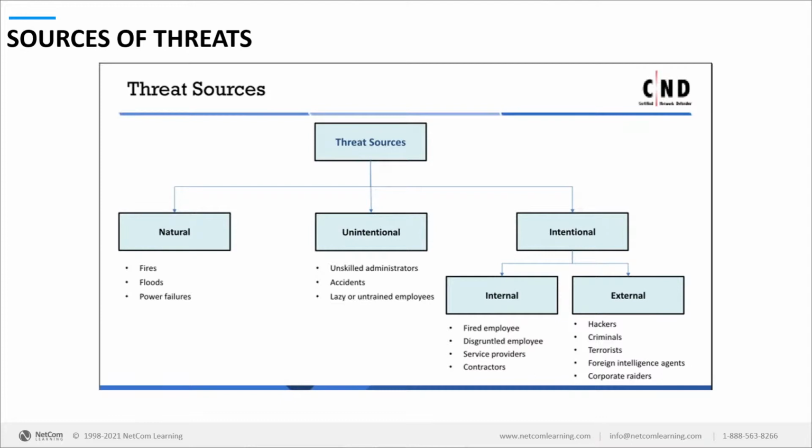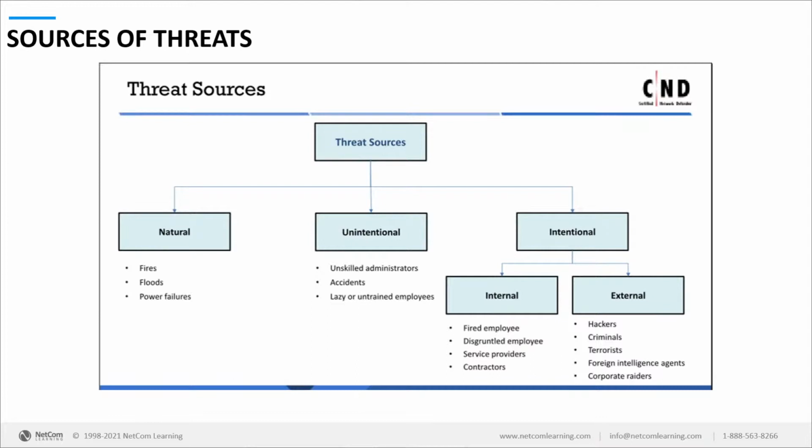Threat sources. Yes, natural, right? Could be volcanoes. Oddly, it's not odd at all, we just don't think about it. In the area that I live, I don't come across too many volcanoes, but there are people that certainly are faced with those things.